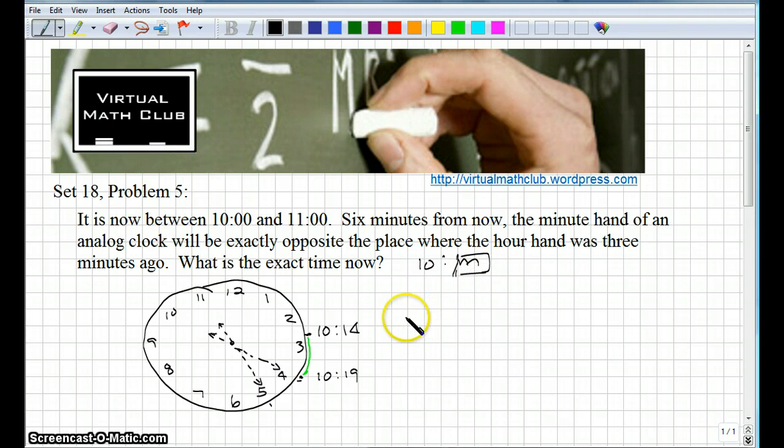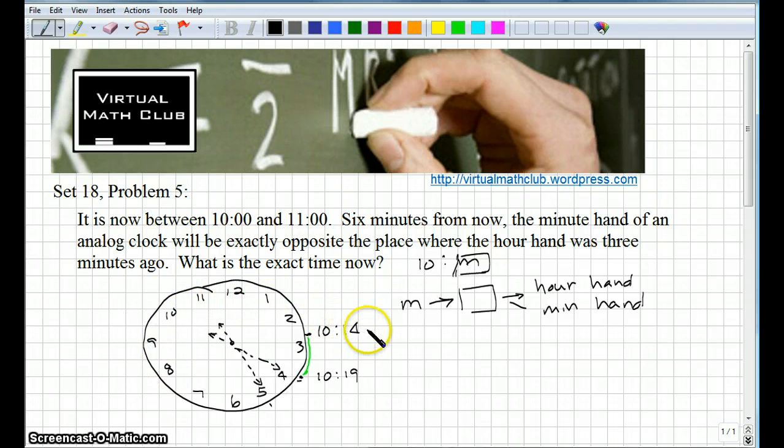Okay, so we would like to have some sort of a function that if we put in the minute, we could get the position of either the hour hand or the minute hand. Okay. So the minute hand's pretty easy, because it goes around once per hour. It goes a full 360 degrees every hour.